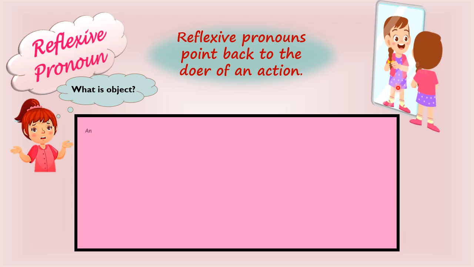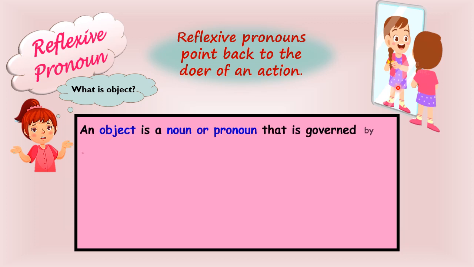So, children, an object is a part of the predicate. You know sentences are made up of two parts, subject and predicate. Yes, object is part of a predicate. An object is a noun or pronoun that is governed by a verb or a preposition.